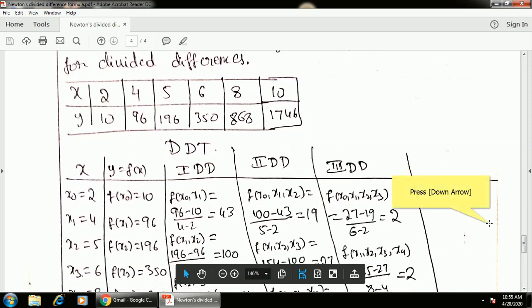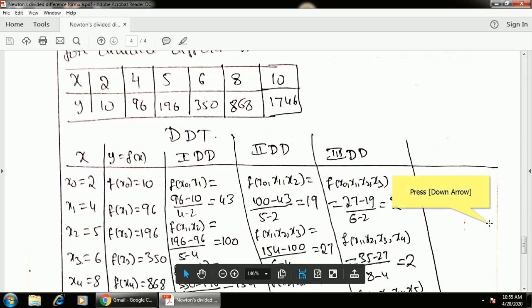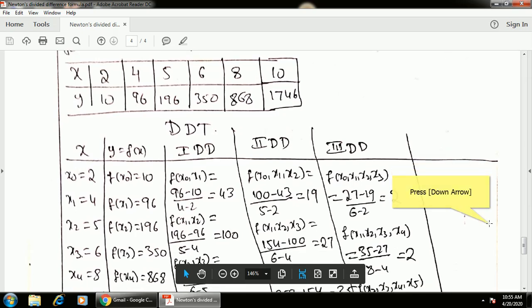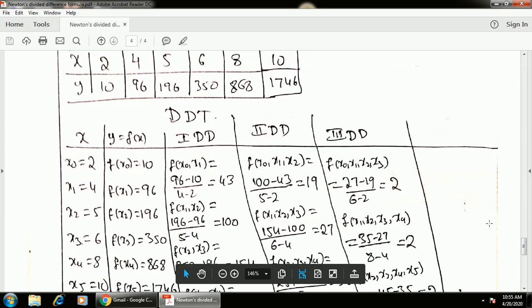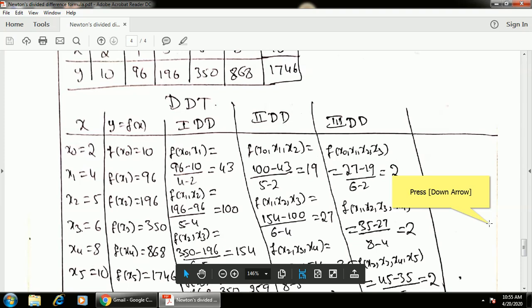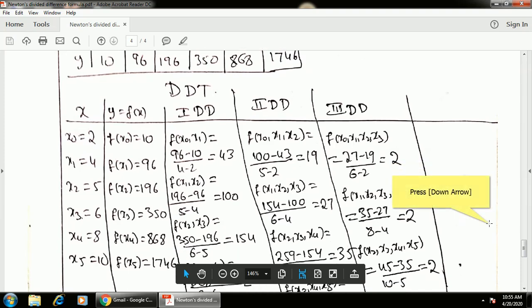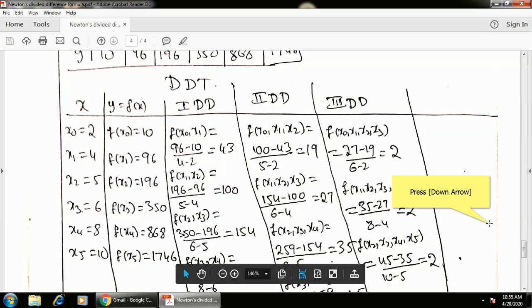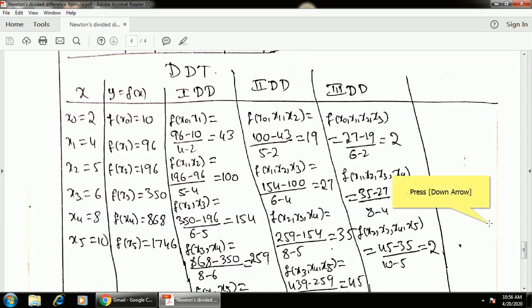First, we need to find out the divided differences. Look at this. Here, third order divided differences are all constants. Constant means same value.